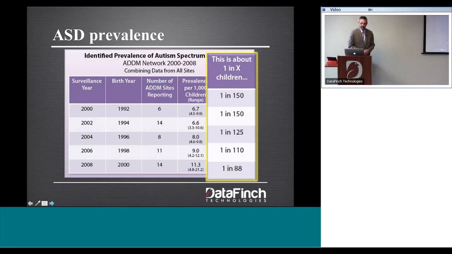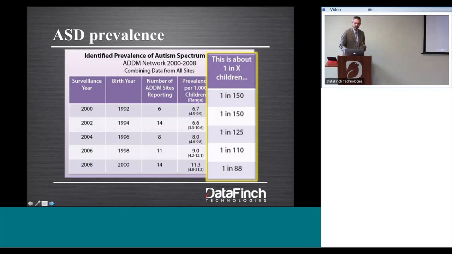Now there are, of course, lots of issues that we could talk about related to this data and what it may be due to. Is that incidence or prevalence rate due to awareness or better diagnostics? Probably, at least in part, whether that's a small part or a large part is, again, another discussion.